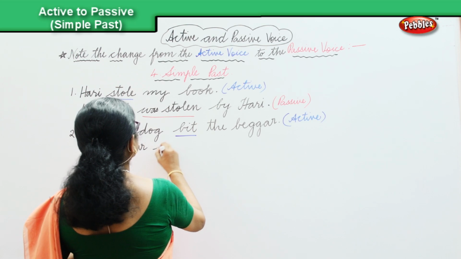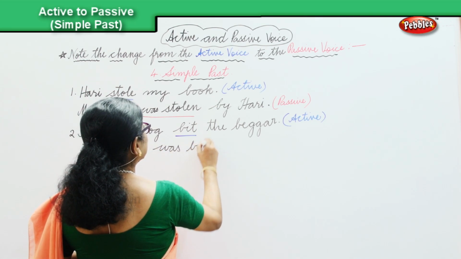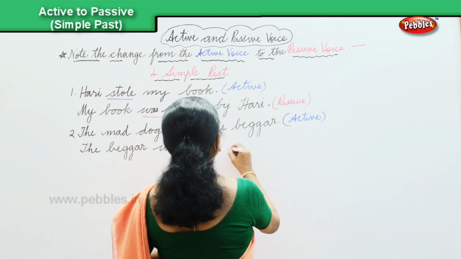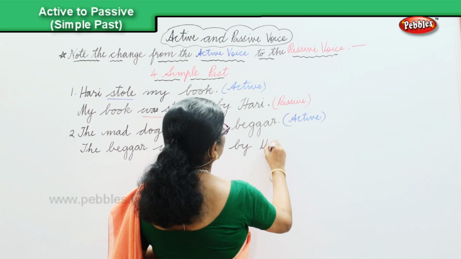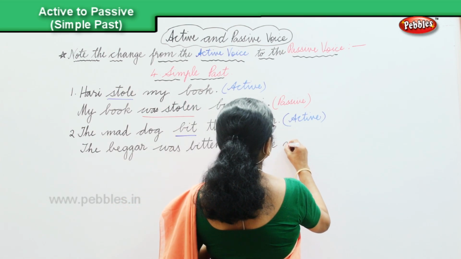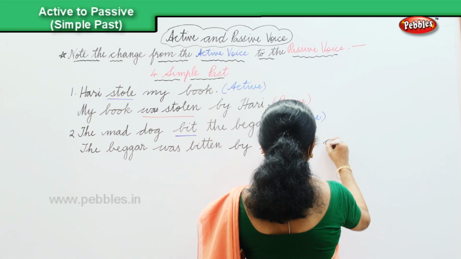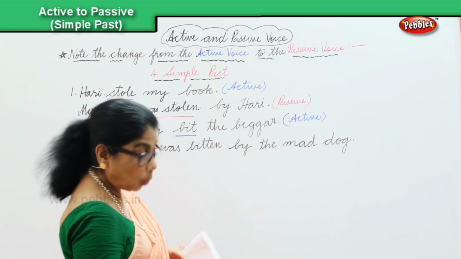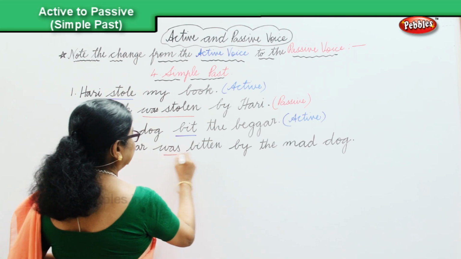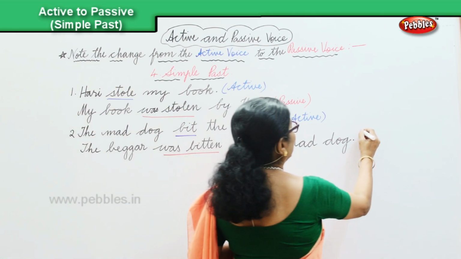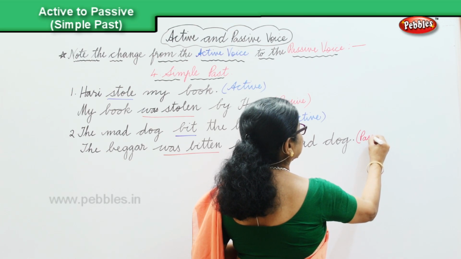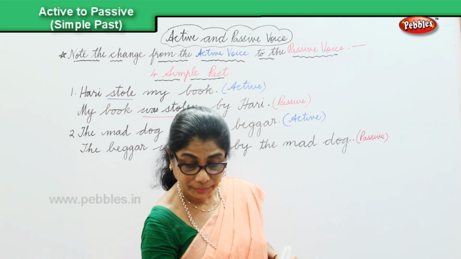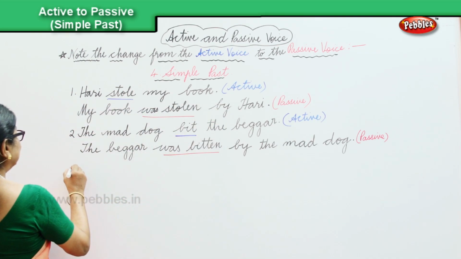Let's look at the verb here, was bitten. And it's in the passive voice. And what are we dealing with? Simple past.